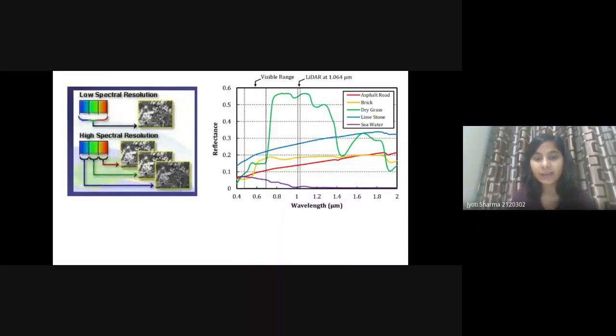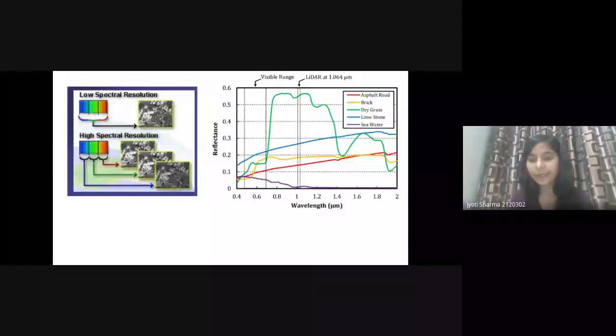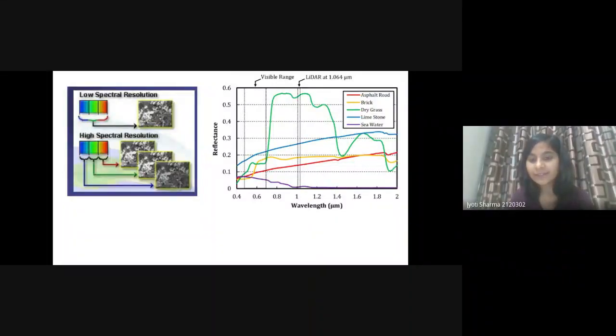For dry grass we have a different reflectance curve. And let's say for the red and yellow asphalt road and brick, from 1.4 to 1.8 the reflectance is the same, so you can't differentiate what the object is.